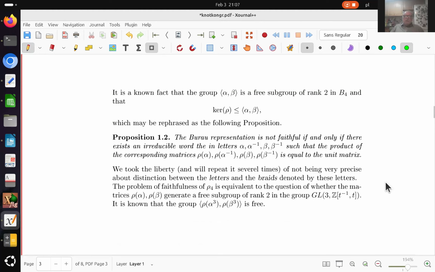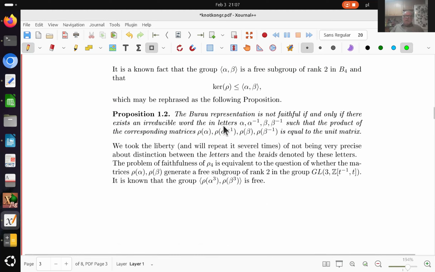So it is known that if the Burau representation is not faithful, then you can find a word in letters alpha, alpha inverse, beta, beta inverse, which is formally non-reducible and which has the property that when you substitute the images of alpha, alpha inverse, beta, beta inverse and calculate the product, the product is the unit matrix. If something like that is possible, then the Burau representation is not faithful, and all non-trivial elements in the kernel are given in such a way.